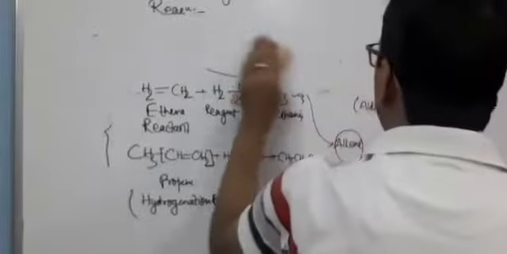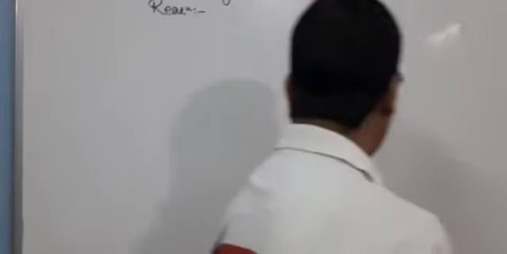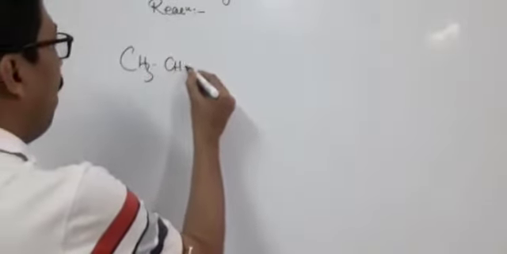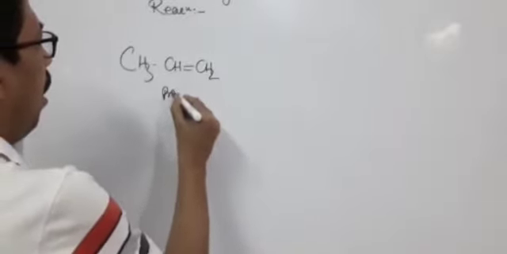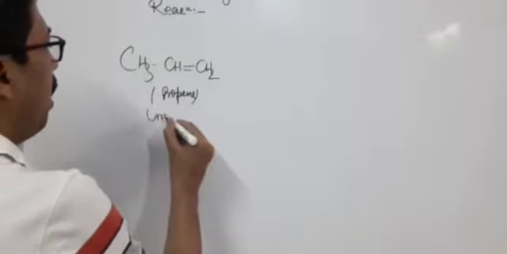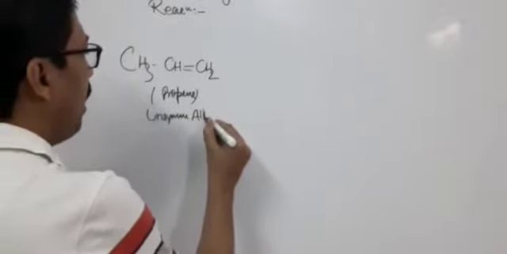It will be more easily explained by the example that we are taking over here. So let's see how the electrophilic addition reaction is taking place. For example, we are taking propene, and this propene is unsymmetrical alkene.